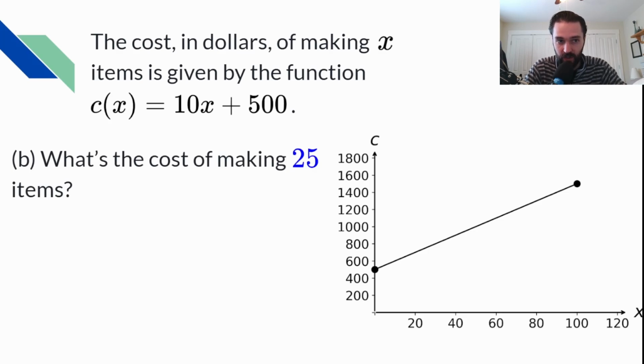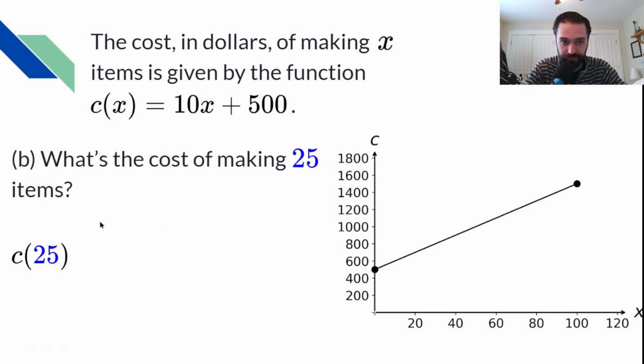Next, we're asked, what's the cost of making 25 items? This function is C as a function of x, so x, the number of items, is the independent variable, and the dependent variable is the cost C. So let's find out what the output is when we plug in 25.